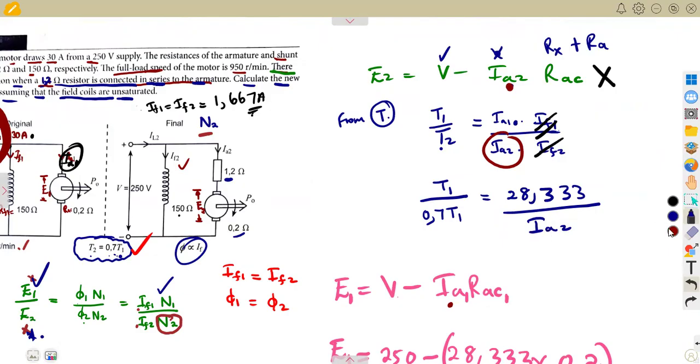Like I said, because T1 and T1 are the same, they cancel, and you remain with a 1 there. Cross multiply to find I2, that is armature current 2: 1 times armature current 2, equals 0.7 multiplied by 28.333. So that will be 0.7.